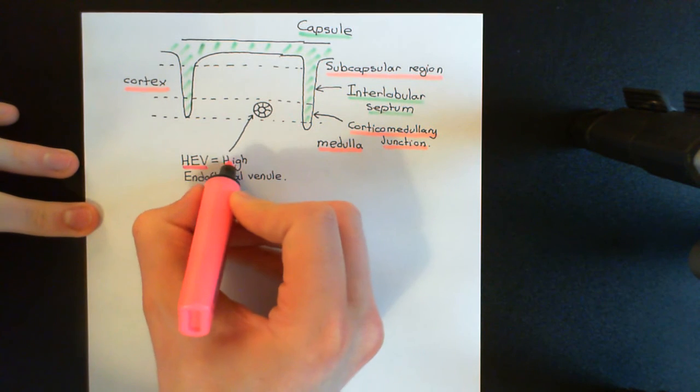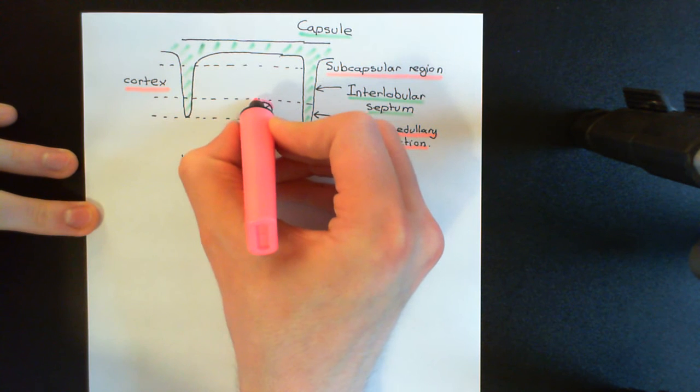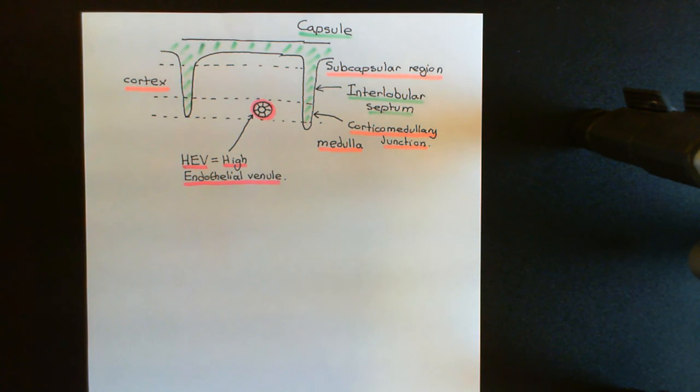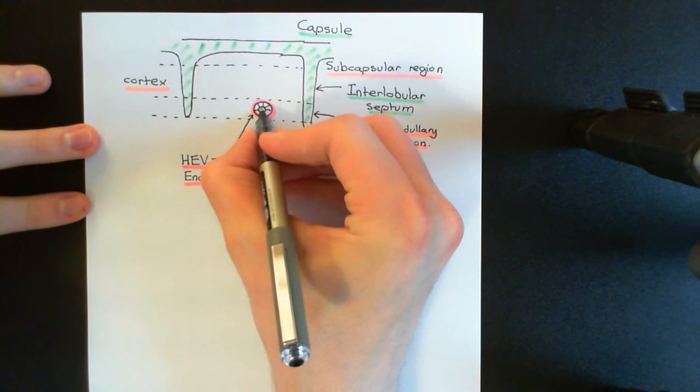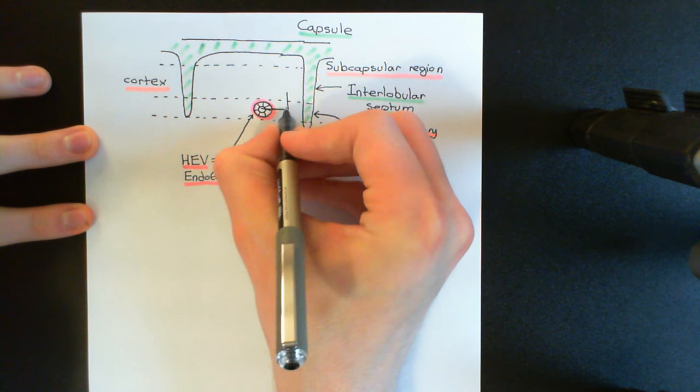Okay, so here is our high endothelial venule, and I'll just give it a basement membrane for the endothelial cells to sit on. So the endothelial cells are very tall, hence why they're called high endothelial venules, and their special function is that they're capable of bringing the lymphoid progenitor cells out of the bloodstream and into the thymus gland.